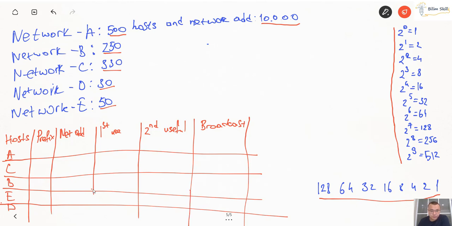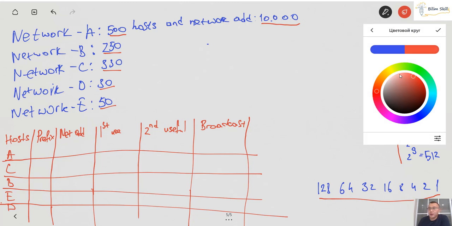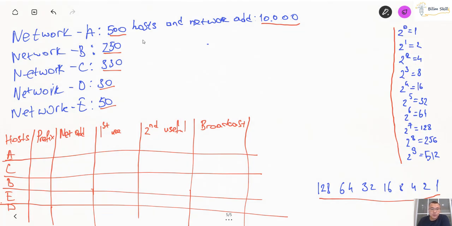So okay, we have created our table, and then let's write our formula, which you have to learn by heart, because this formula is a must-have. First is 32 minus n is equal to our prefix.